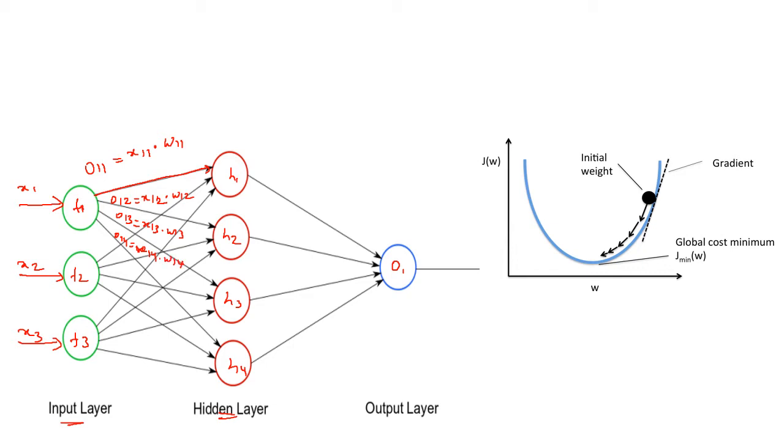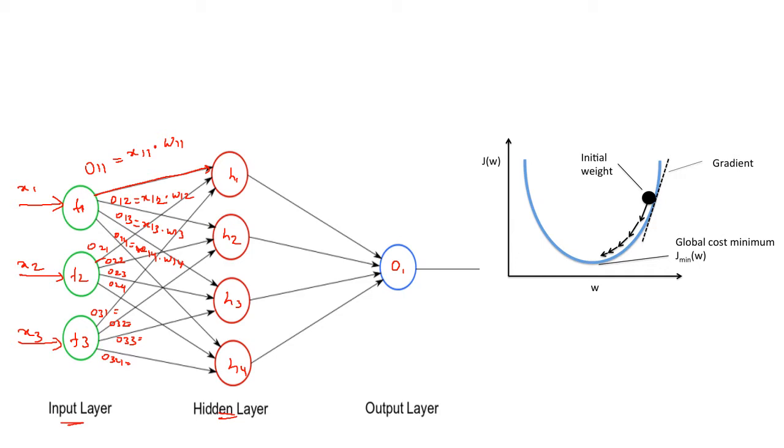Likewise, this is O21, O22, O23, O24, and this is O31, O32, O33, O34, right? The corresponding values will be assigned to all the outputs.